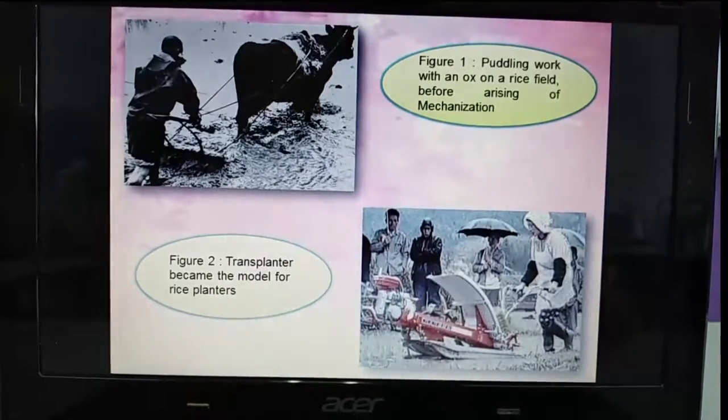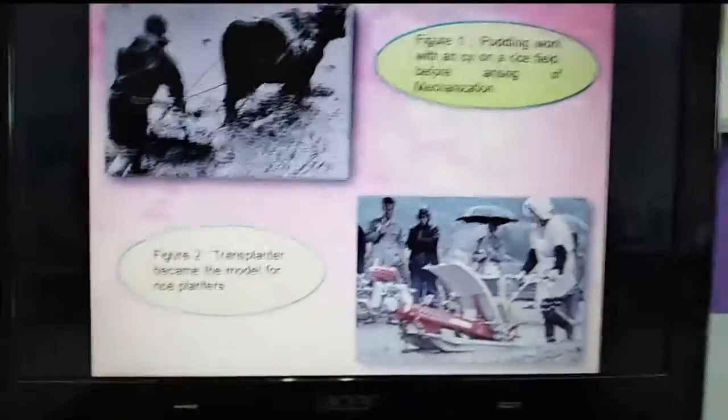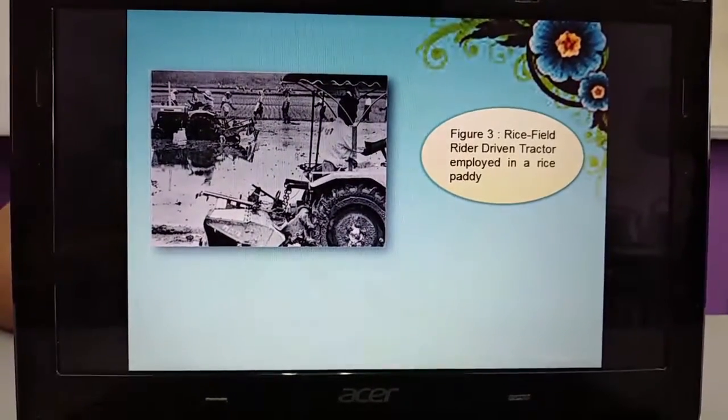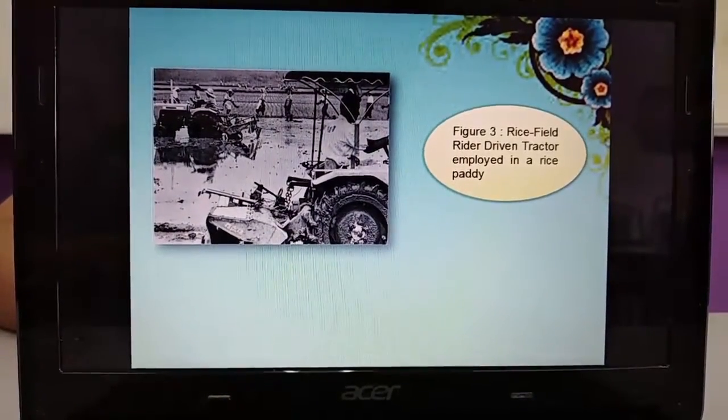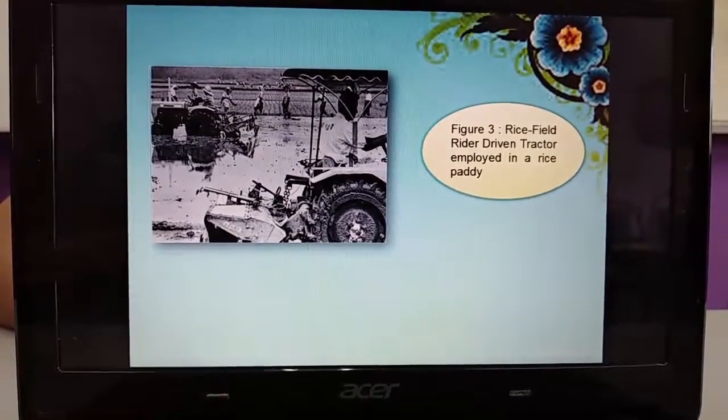Based on figure 3, the rice field rider driving tractor is employed in a rice paddy. This will lower the labor cost.